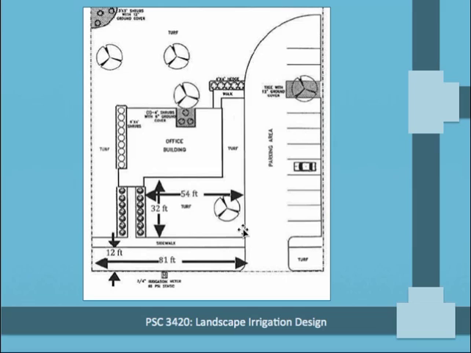plan in this way and say, all right, here is an area of turf that's also long and narrow, probably going to use spray heads to avoid overspray. Same train of thought on this side as well. And then as you get into the back, you've got another wider, more open area, so rotor heads are probably appropriate.